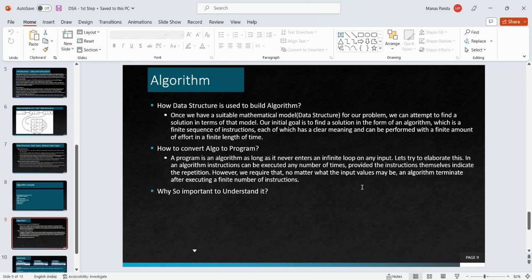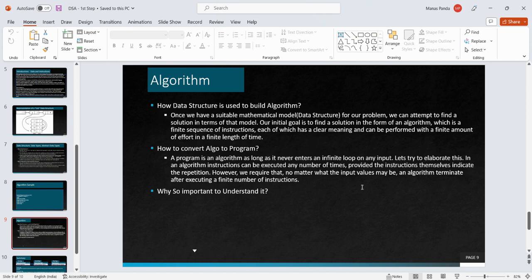It does not necessarily have to be a separate program; in the program itself you can mention what the algorithm is all about. Once you write the algorithm, then below it you can start writing the program, ensuring that all the instructions in the algorithm are taken care of in the program.